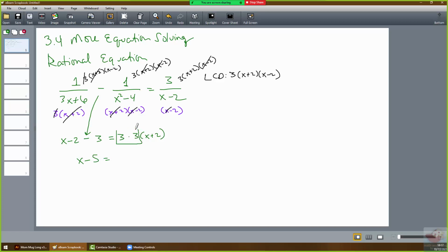We'll distribute a 9 through here. And then linear says variable on one side, number on the other. So I'll subtract 18. I'll subtract x.